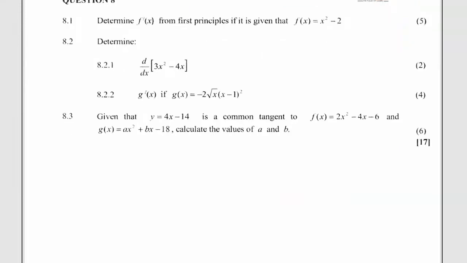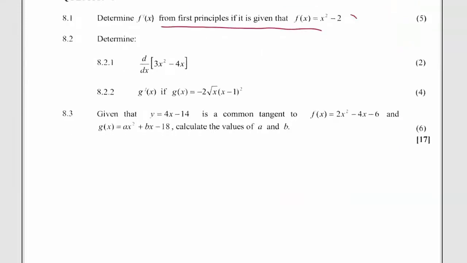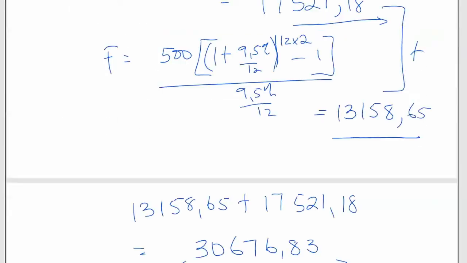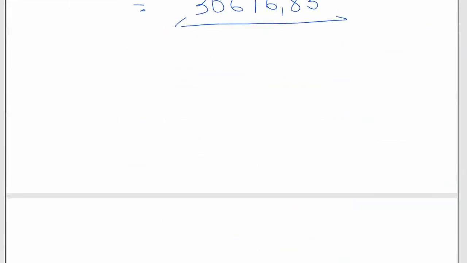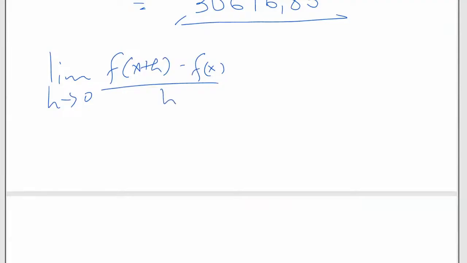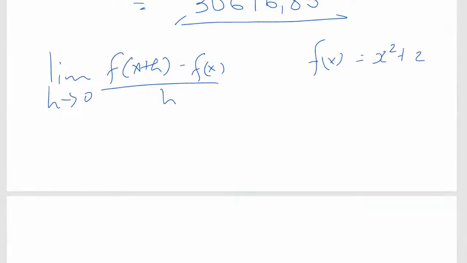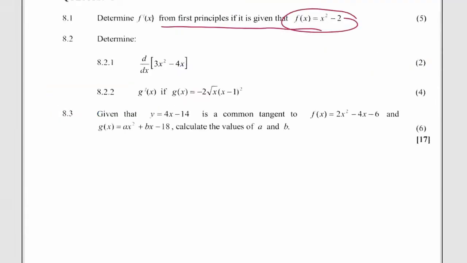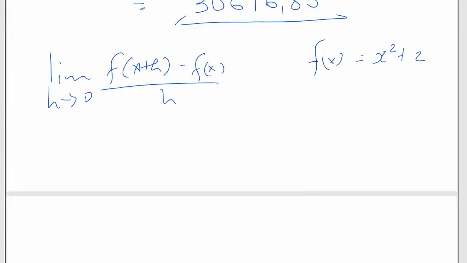Then 8.1, they want us to derive this from first principles. Okay, so we know that the formula for first principles tells us that the limit as h tends to 0 of f of x plus h minus f of x over h. But we're told that f of x is just x squared plus 2. That's correct, no? No, minus 2.